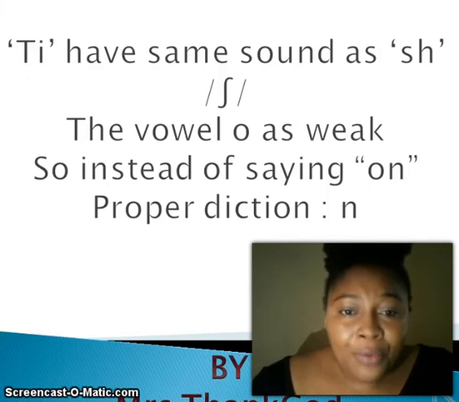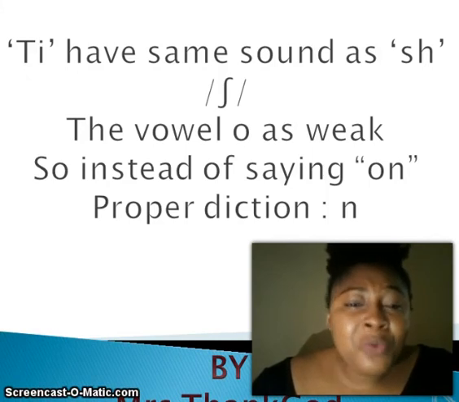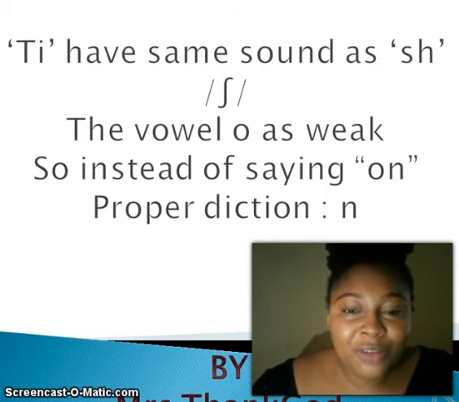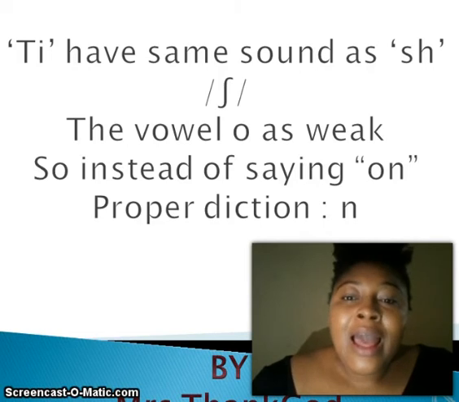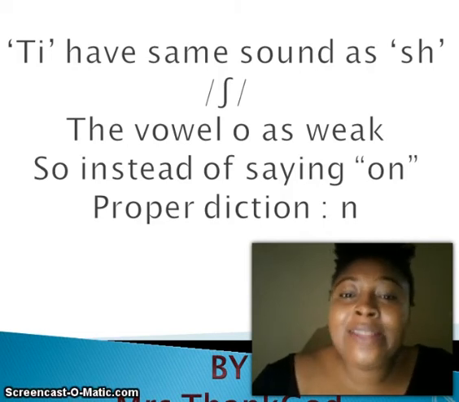Now, the vowel O is very weak in pronunciation. You don't pronounce your O as O when it's with TION. You pronounce the O very weakly. It is not supposed to make any sound.